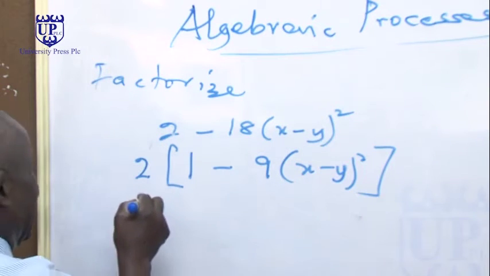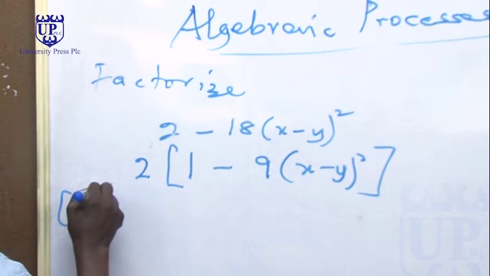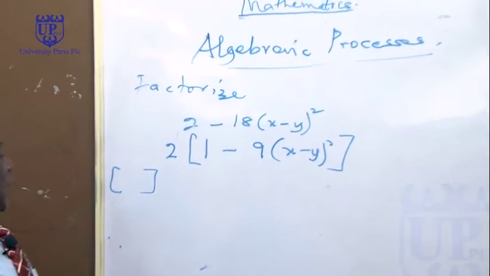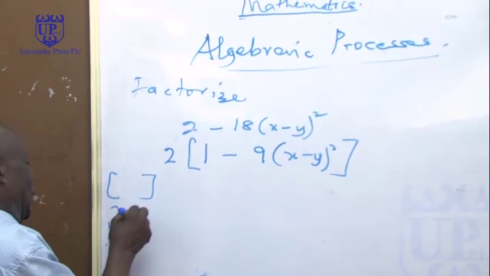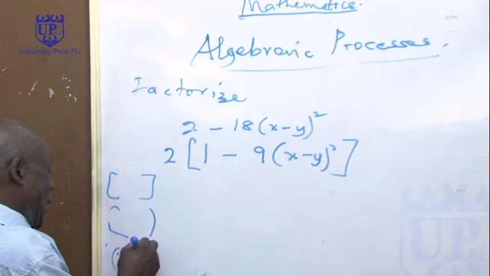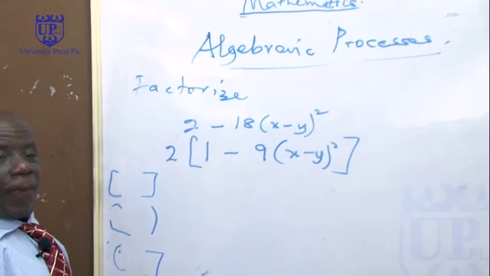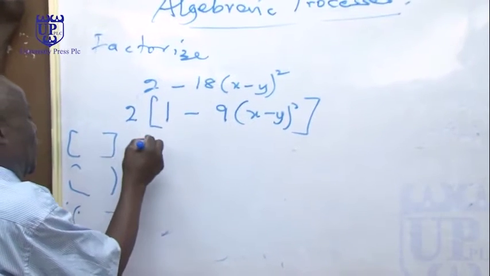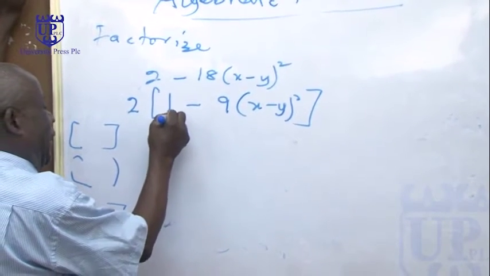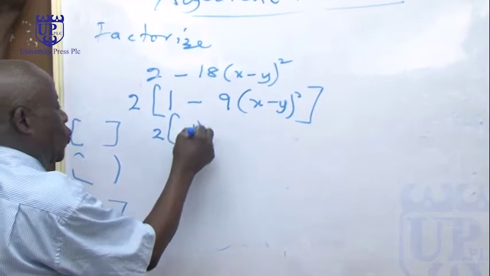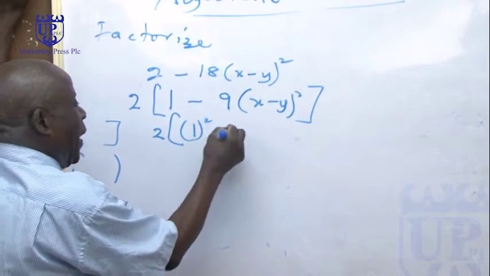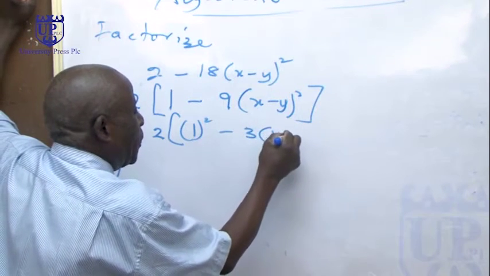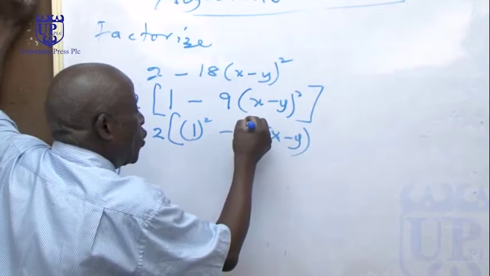Note this is still the same thing as bracket. But please don't use this and this or this and this. Now from here, 2 in bracket, 1 is 1 all squared, minus 9 is 3 bracket x minus y all squared here.